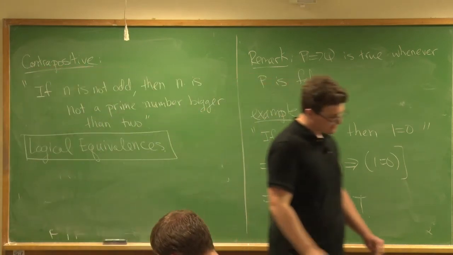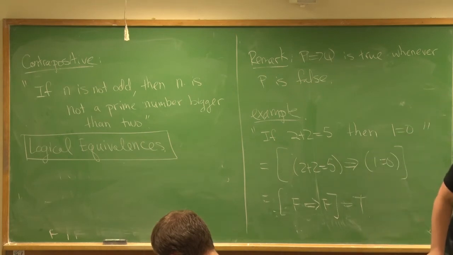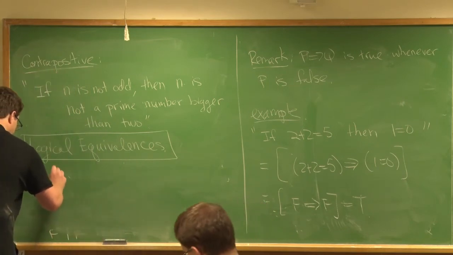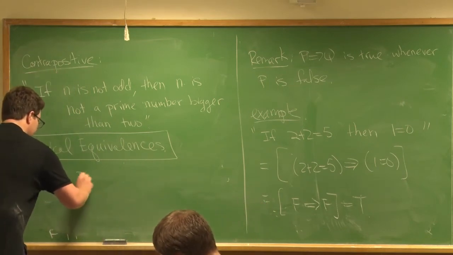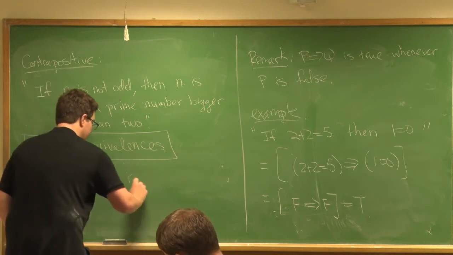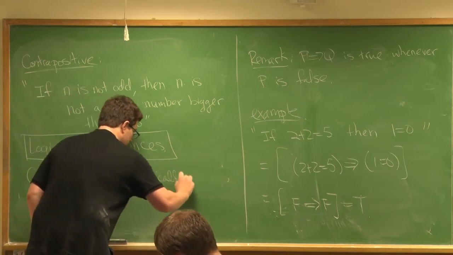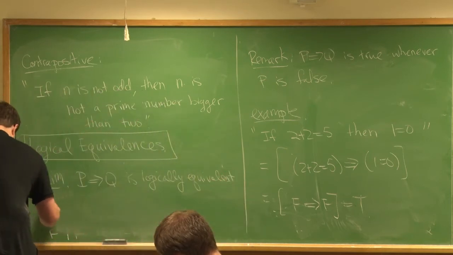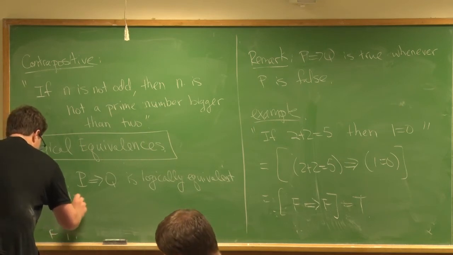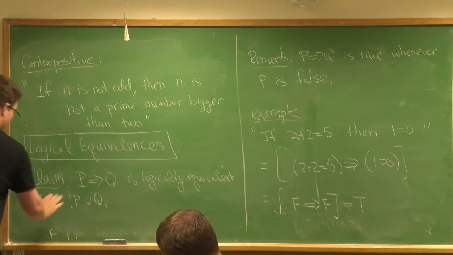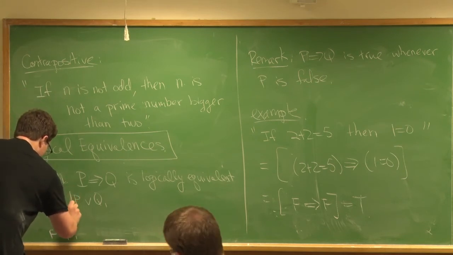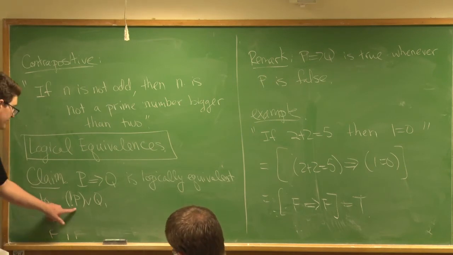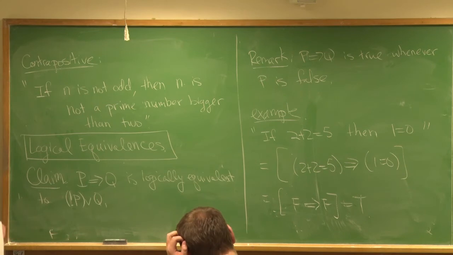My first claim is that P implies Q is logically equivalent to not P or Q. This is a not applied to P only, so it's not the whole thing. It's (not P) or Q. Let's prove this.